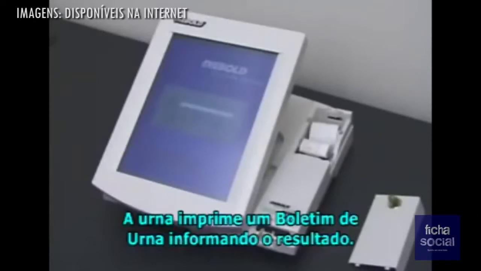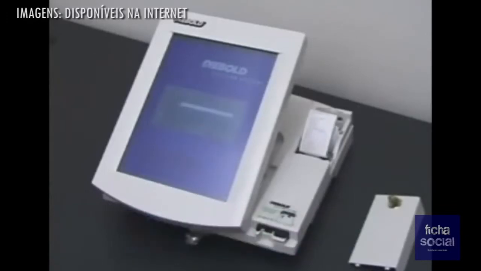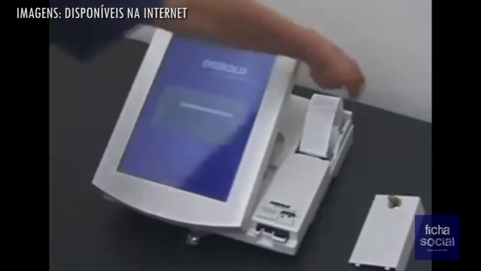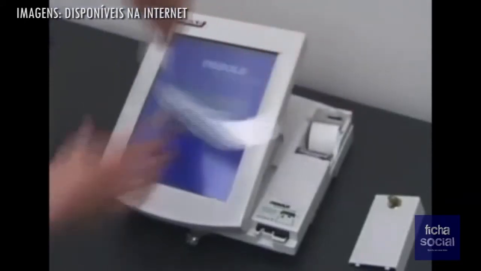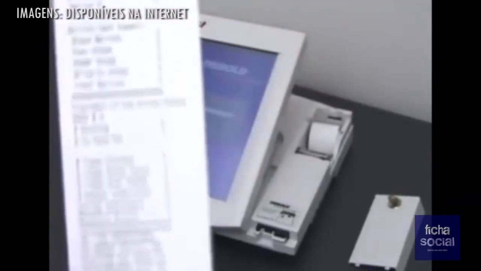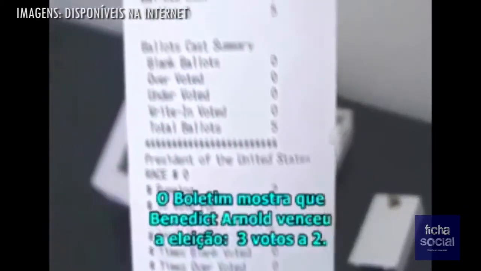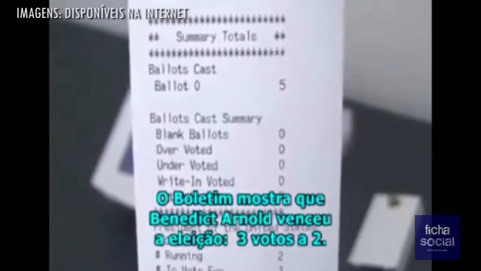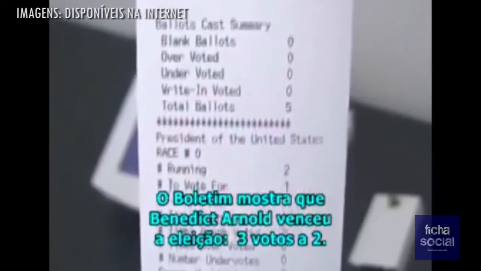The machine prints out a paper tape announcing the results. The tape shows that Benedict Arnold won the election, 3 votes to 2.